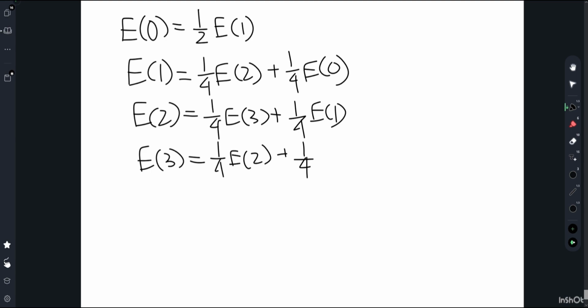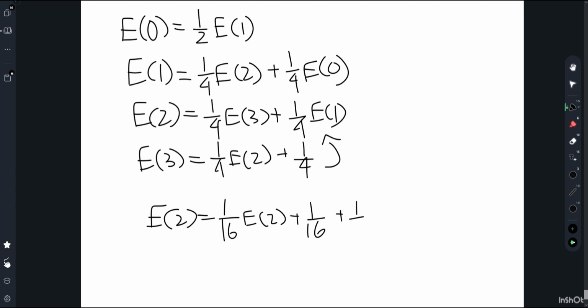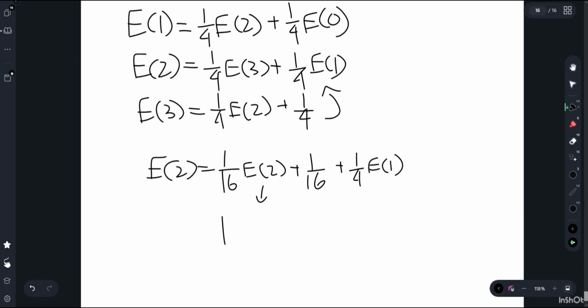So let's plug E3 into this equation. Then we get E2 is equal to 1/16 E2 plus 1/16 plus 1/4 E1. Let's multiply by 16. This gives us 15 E2 equals 1 plus 4 E1.